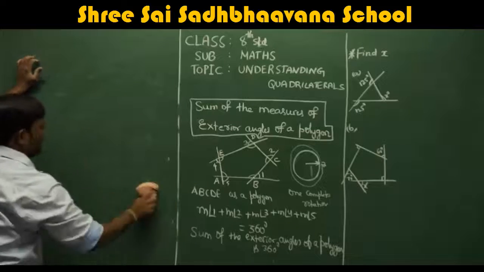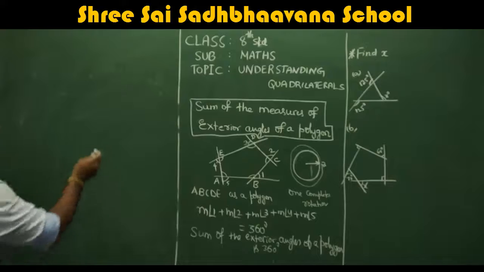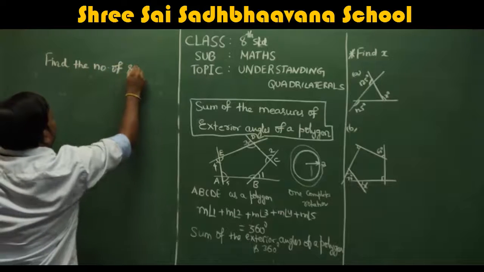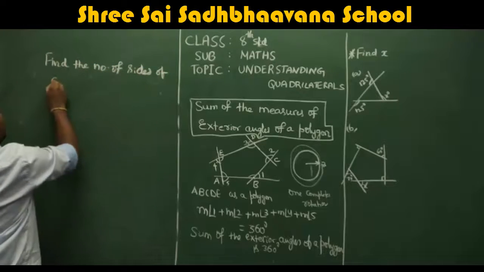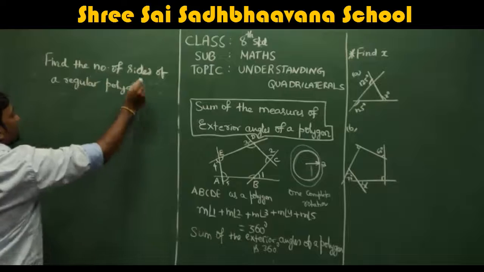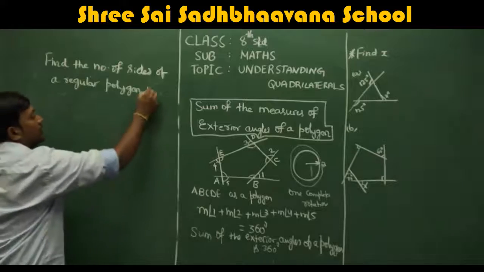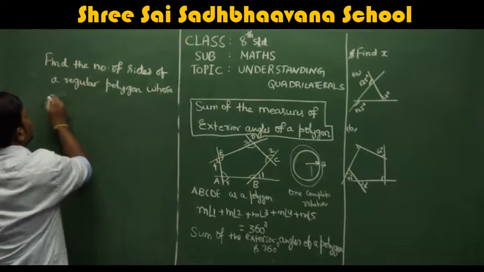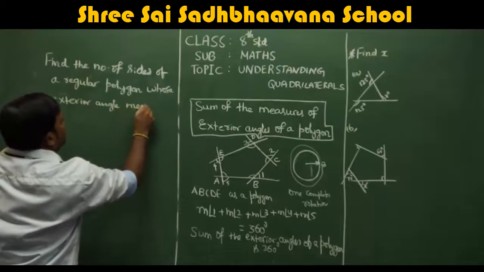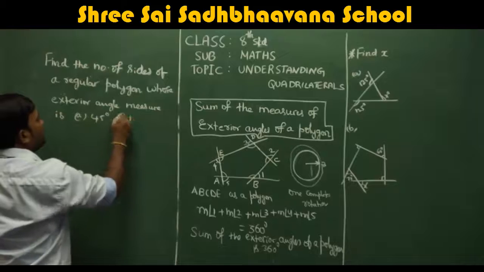The sum is: find the number of sides of a regular polygon whose exterior angle measure is (A) 45 degrees, (B) 24 degrees.